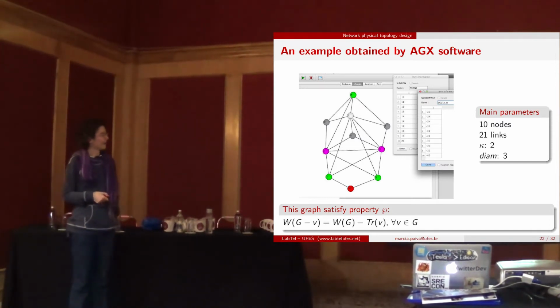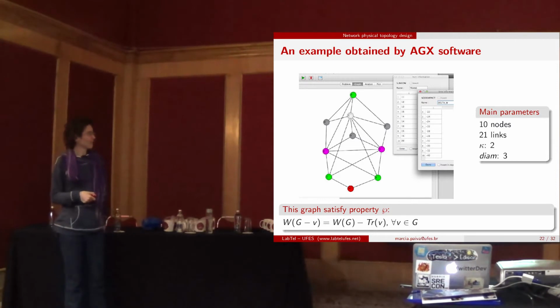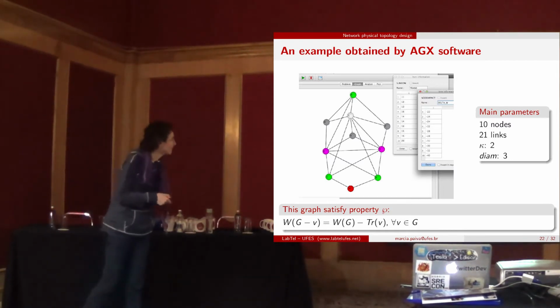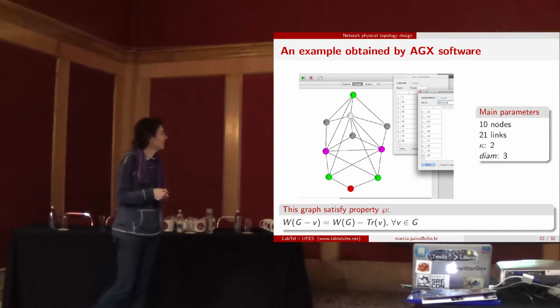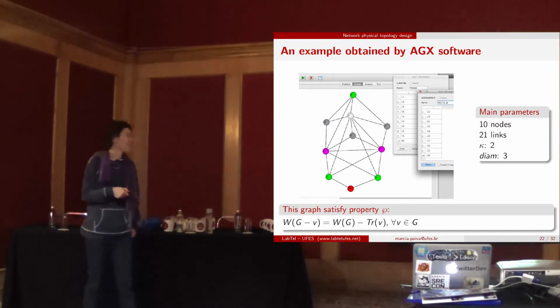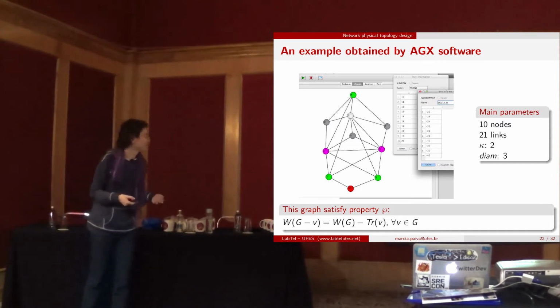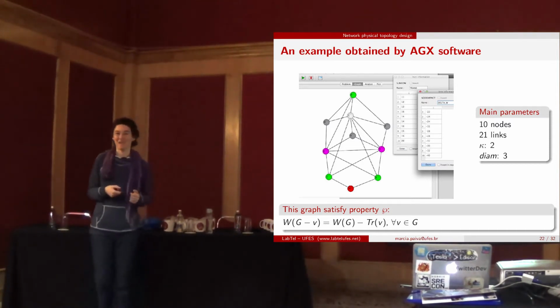The solution has 10 nodes, 21 links, it's two connected, and it has diameter 3. And we cannot see, but here we show the transmissions before and after removing each node, and you can believe these are the same.